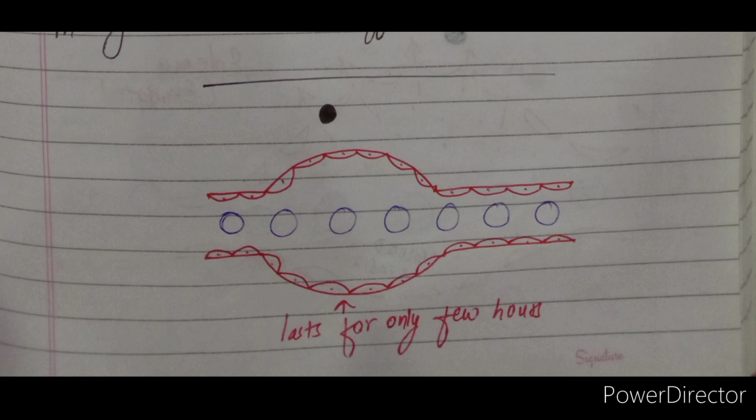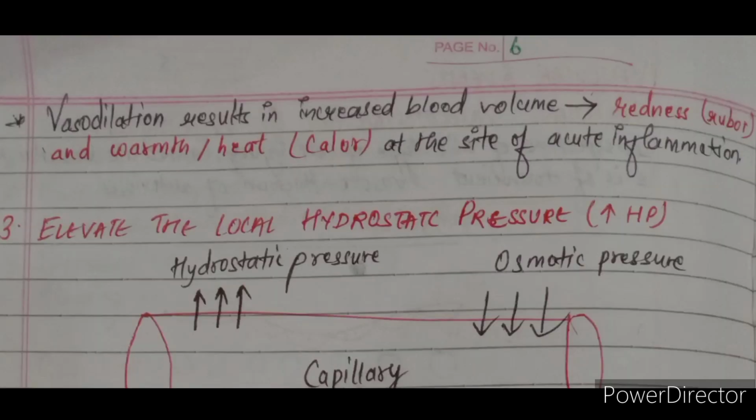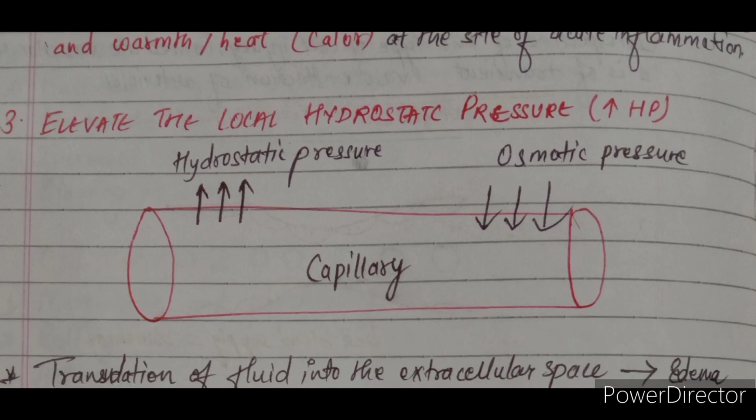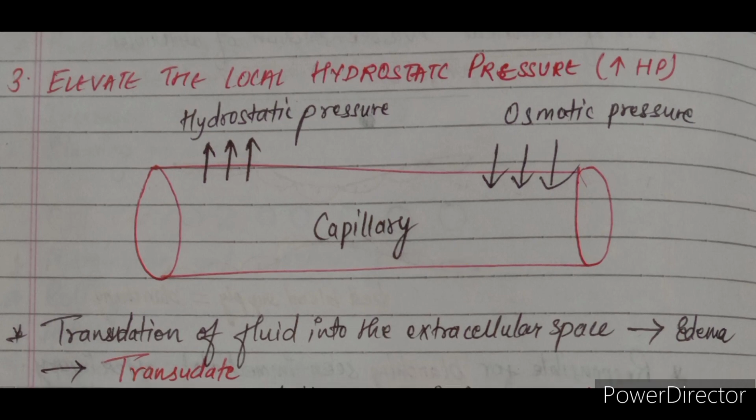So both rubor and calor occur because of vasodilation. Vasodilation results in increased blood volume, which will cause redness, that is rubor, and warmth or heat, that is calor, at the site of acute inflammation. So that was all about the second step of vascular events in acute inflammation.